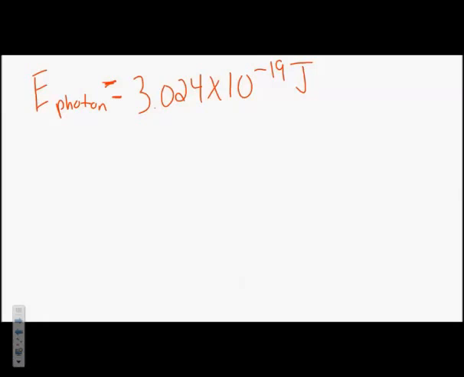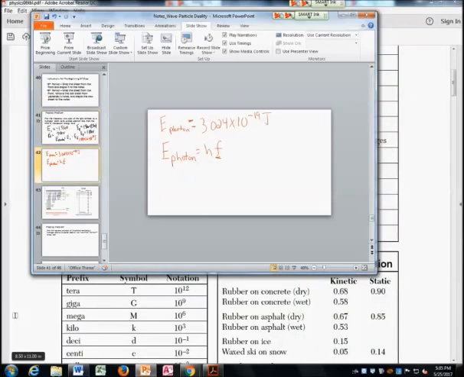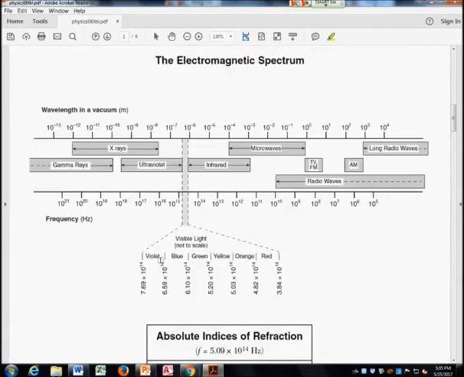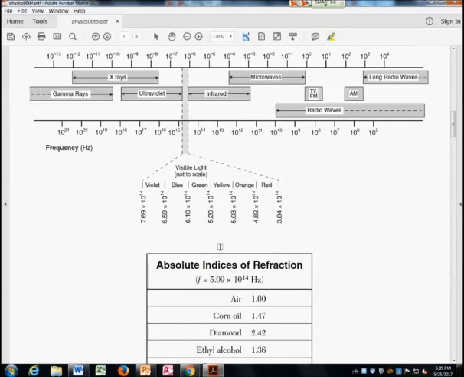Planck's constant on the front of the reference tables is in joule-seconds, so we have to convert our eV, which is a unit for energy, to joules. The equation we're looking to use is E photon is equal to h times frequency. And when we find that frequency, we can use the inside cover of our reference tables to solve for the frequency and see what color the photon is.